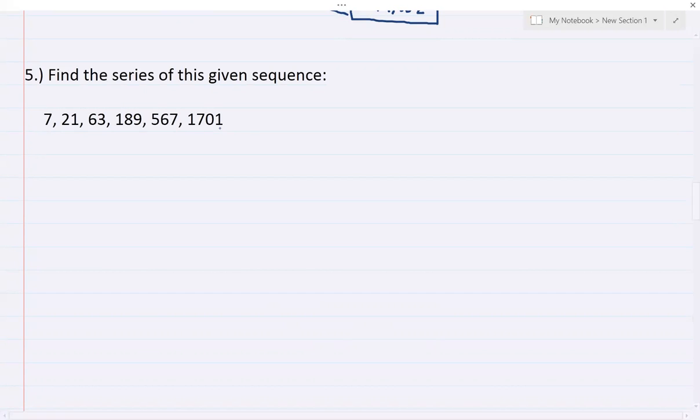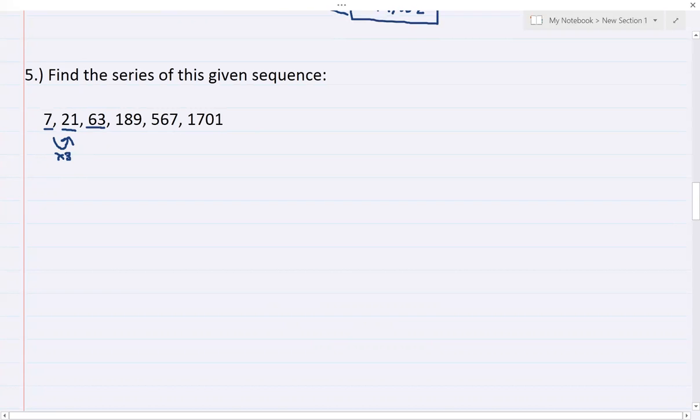However, if you want to know which formula you're going to use, then you need to observe the pattern before you're going to, once again, find the series. So we have 7 and 21. How did we get 21 if the previous term before 21 is 7? We simply multiply 7 by 3. So 3 times 7 is 21.